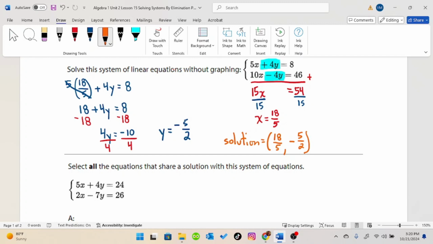This point pair will make both of the equations in this system true, and if we were to graph these two equations, they would cross at this point pair. If you have any questions about this practice problem, please use class time to ask for further clarification.